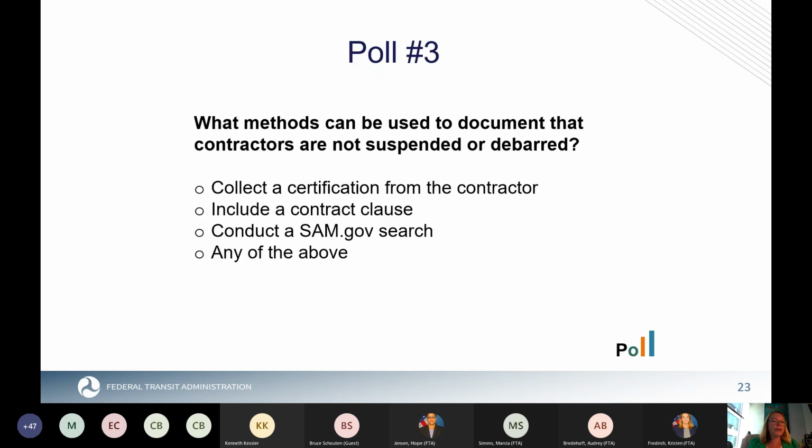So poll number 3, you'll see pop up in a minute. And this asks, for what methods can you use to document that contractors are not suspended or debarred? So you have 3 options, and the 4th option is any of the above.